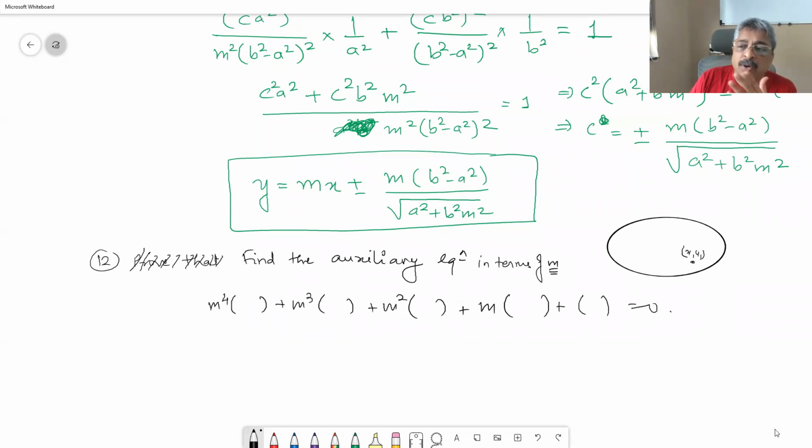And then how is this auxiliary equation helping us? Suppose you want to find the normals passing through this point, then this auxiliary equation tells us how to get those slopes. That is the first use of this auxiliary equation. Once you solve this fourth degree equation, you will get all the 4 slopes, and hence you will get all the four lines.